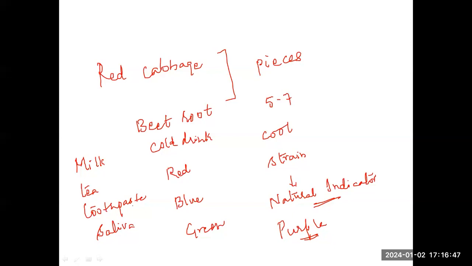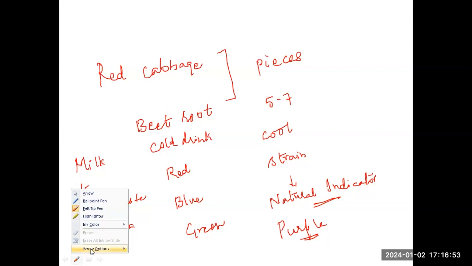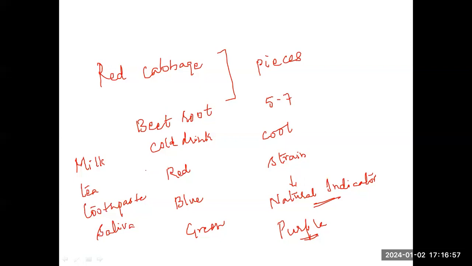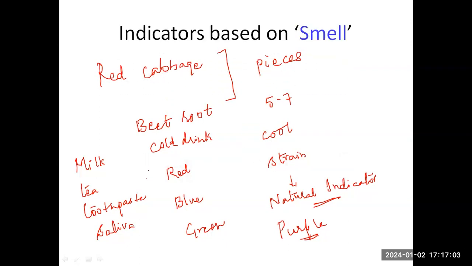So depending on the change in color, you can identify if the substance is acidic, basic, or neutral in nature, right? So this was about the indicator which you can prepare at home.